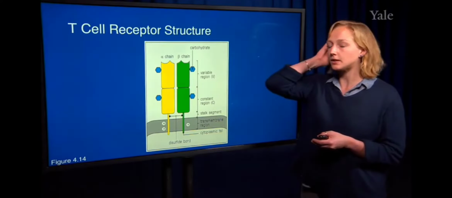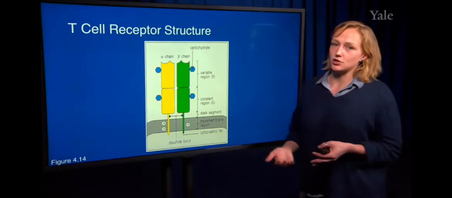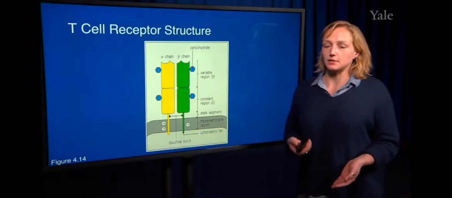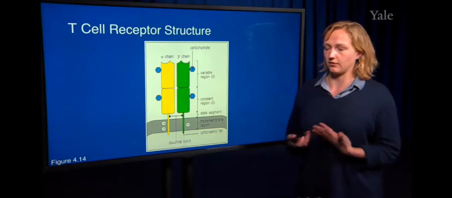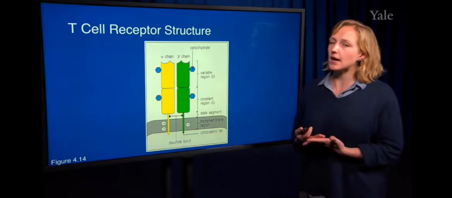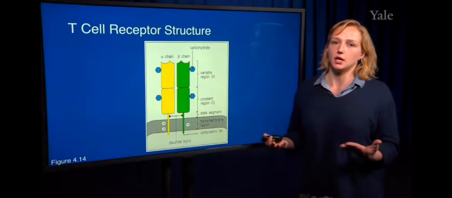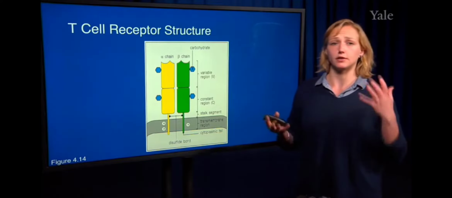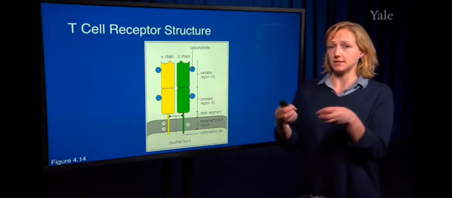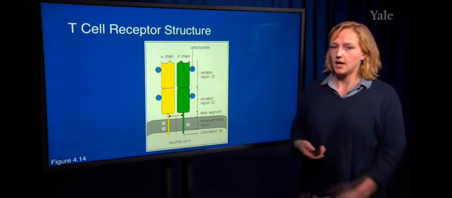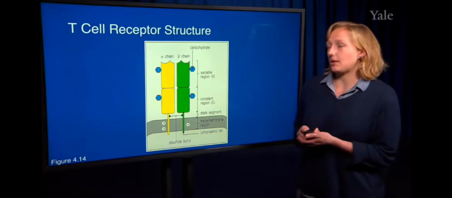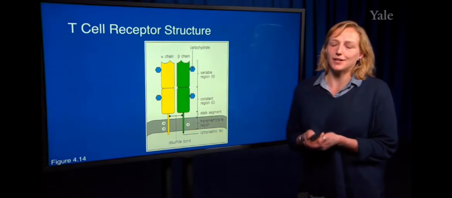In terms of antigen recognition, T-cell receptors and immunoglobulins, or antibodies, recognize their antigens in very different ways. So as you saw, immunoglobulins recognize their antigens when they're floating around and at very specific portions of the full intact protein. Now, T-cell receptors recognize their antigens in a very different and unique way.